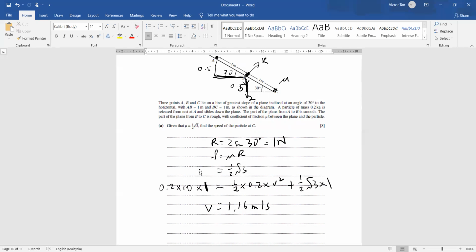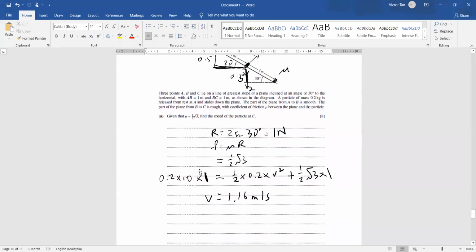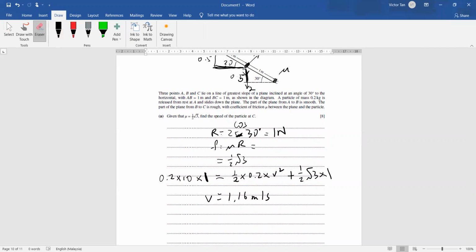Oh, okay, I made a mistake. Over here, this is not sine 30, this is cos 30. Okay, so this is not 1. There's always a check and balance if you make a mistake or not. So 2 times root 3 over 2, so this will be root 3.